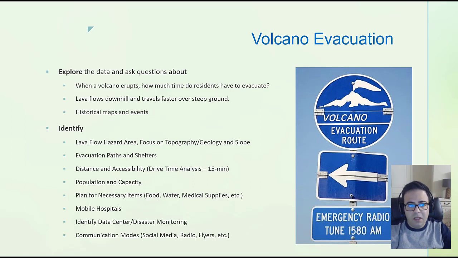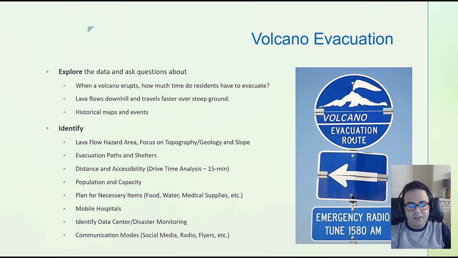Let's say if a volcano happens, how much time do residents have to evacuate? That is going to be based on so many factors. For example, population plays a huge role. The road access, road capacity, the mode of transportation, and the geography would all be an important factor set that we need to be worried about.